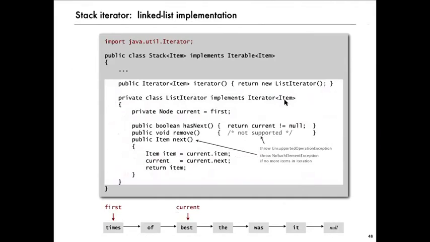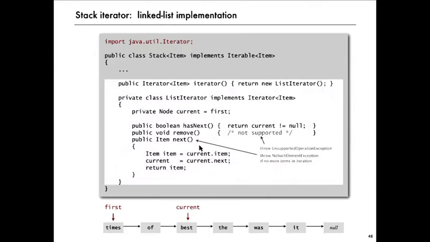Basically this class has to implement the methods hasNext and next. The semantics is clear from the names. hasNext is supposed to return false if we're done, and true if we're not done. And next is supposed to give the next item in the iteration.